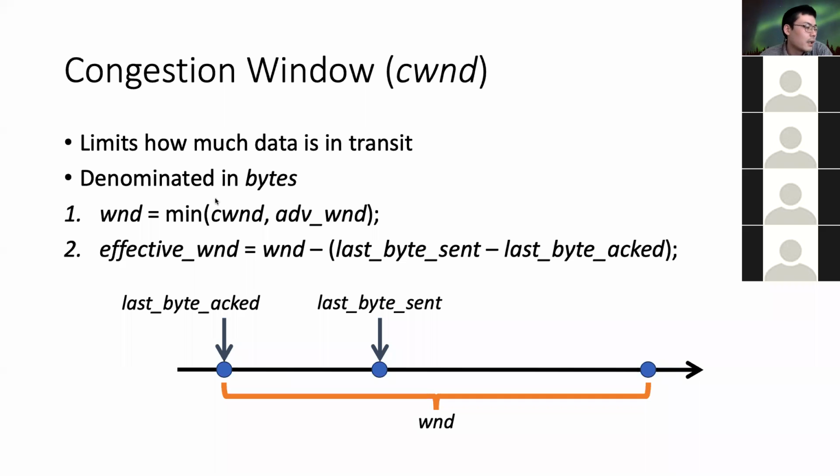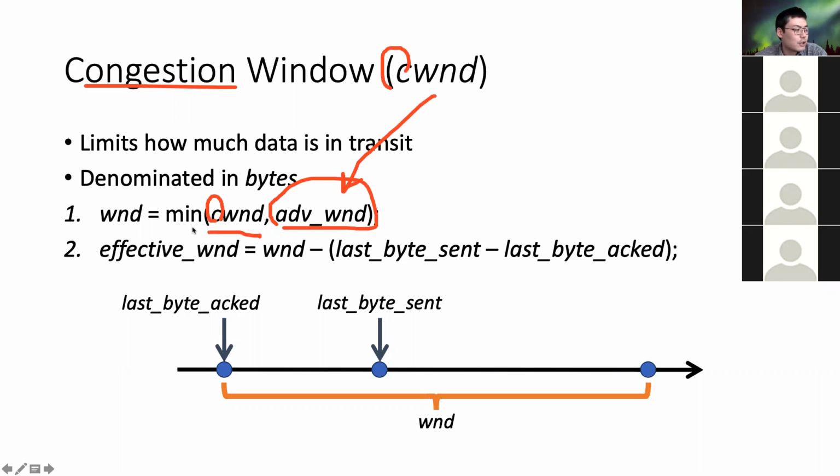So how do we handle this? Previously, we had an advertised window, which is advertised in the response header. The TCP acknowledgement will have this advertised window. But now we have another window, the so-called congestion window, the C window. And we should take the minimum of both.